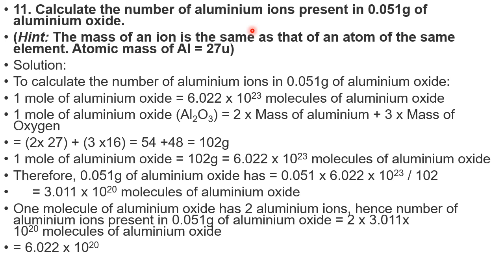First we calculate the molar mass of aluminum oxide. In that, 2 moles of aluminum is there. Now in this sample, how many aluminum ions are there? That we calculate, and the answer is 6.022 into 10 to the power 20 aluminum ions in the 0.051 gram of aluminum oxide.